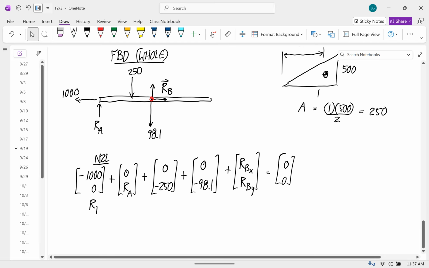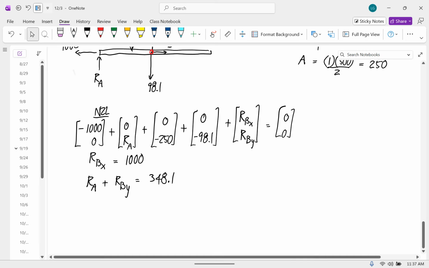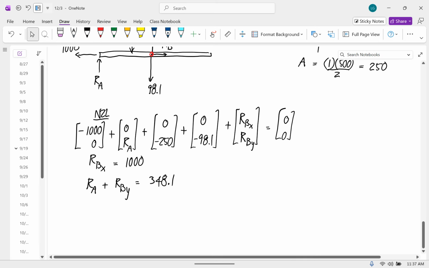So we have that RBX is equal to positive 1,000. And RA plus RBY is equal to 348.1. And now the moment equation.